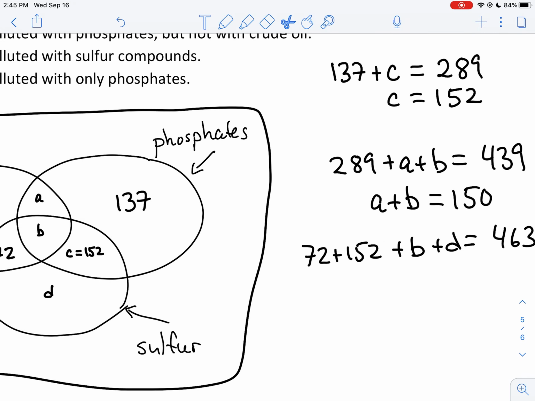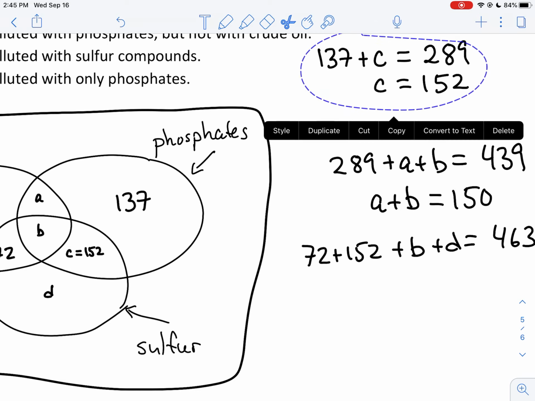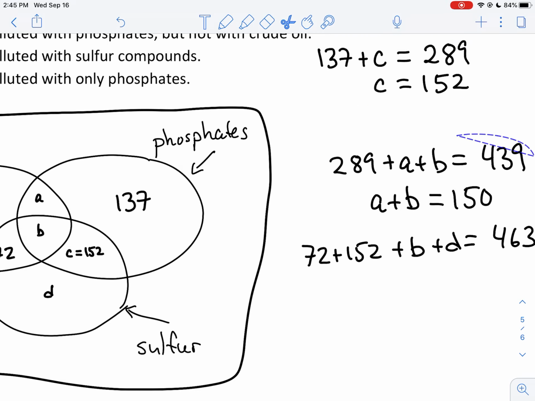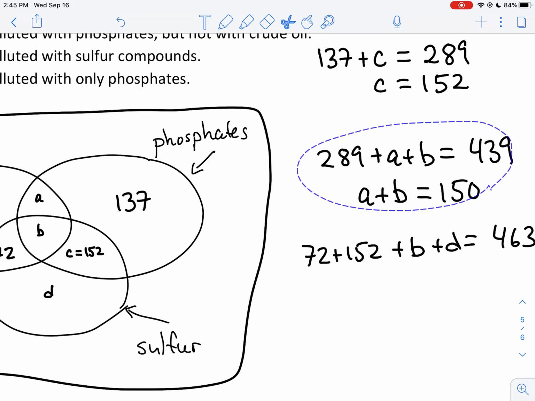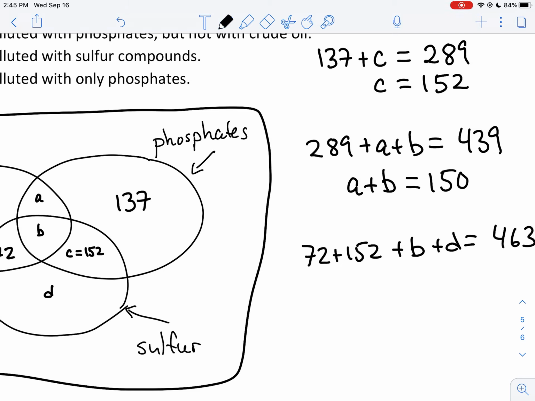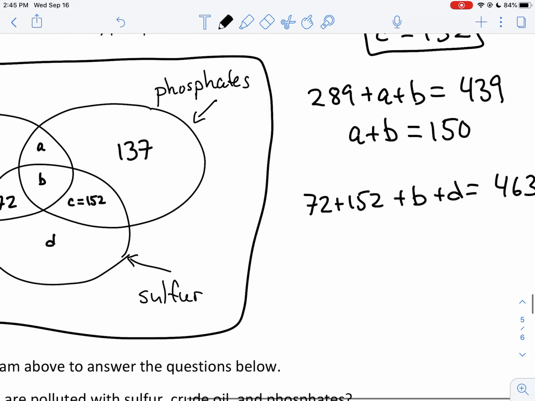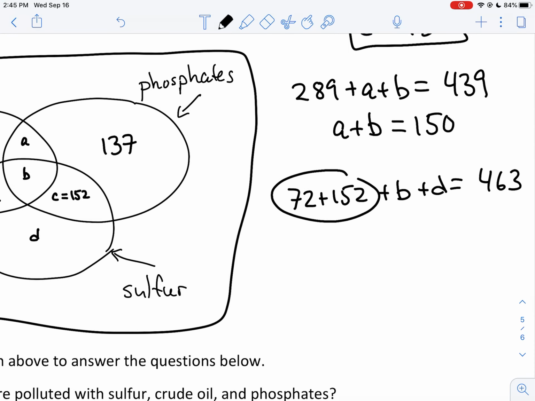Let's move some of this stuff around. I'm going to circle the ones where I finally got conclusive results. So let's circle that one. I'm not conclusive here yet, so I'm going to leave that as something to work with. Let's go ahead and add these together.